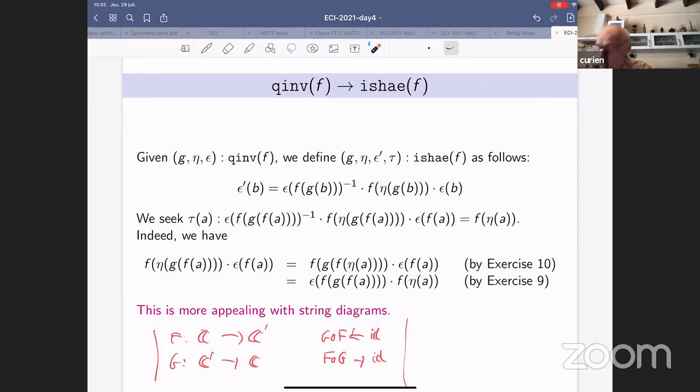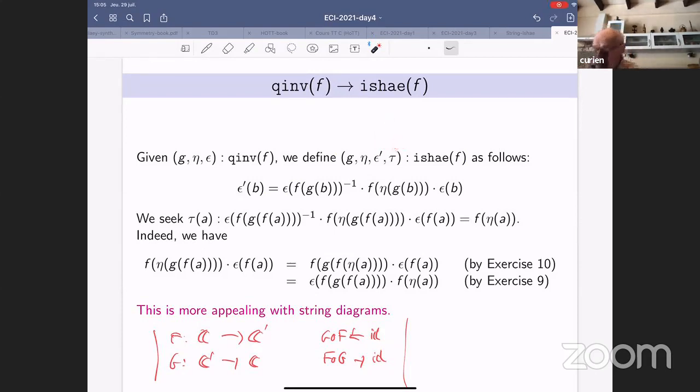So what we can show, and this is what I'm going to show now, is that if I have as a witness of being quasi-inverses f, g, eta, epsilon, then I can keep f, g, eta. So far, I can keep this information. I have to modify epsilon to find a new clever epsilon prime, for which I'll be able to find a tau.